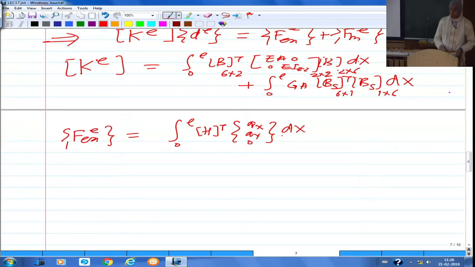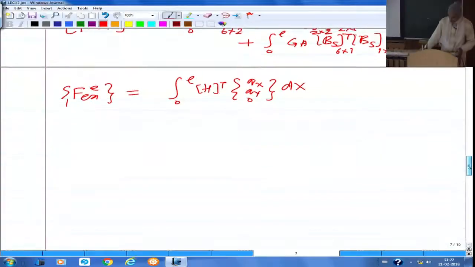So this also you can work out. You know H and all the matrices are defined, you should be able to work out. So you should take the constant values of EA, EI, ZZ, GA, Qx, Qy, evaluate all these matrices and take similar problems to what we did earlier using the Euler-Bernoulli beam FEM element and try to see how you will actually solve the same problems using this element.